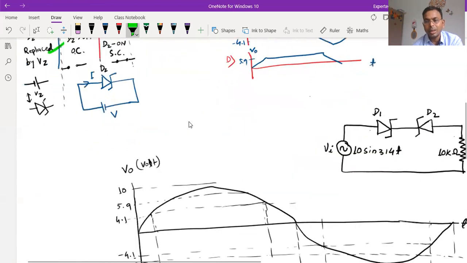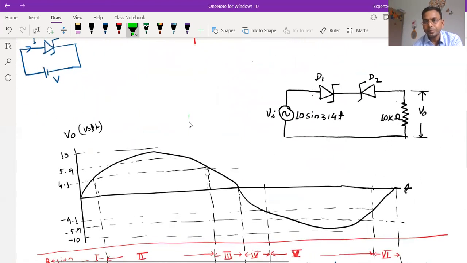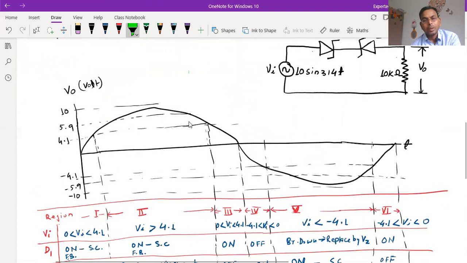So this is the question. Now this is my input voltage.